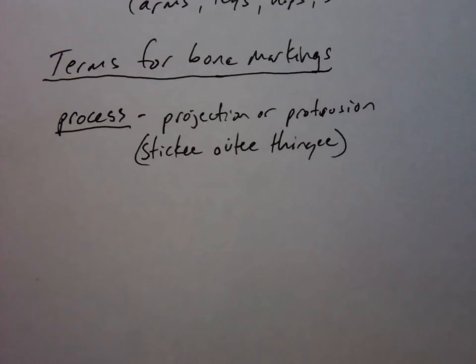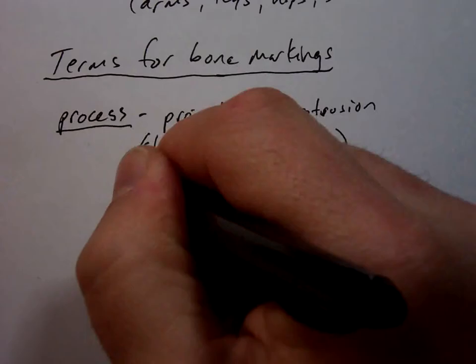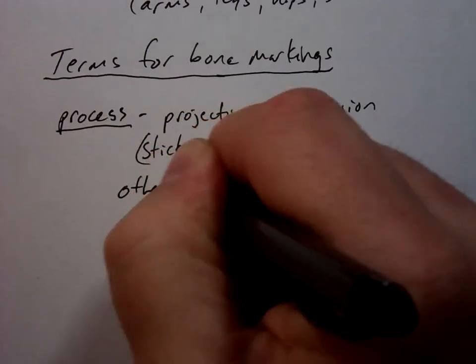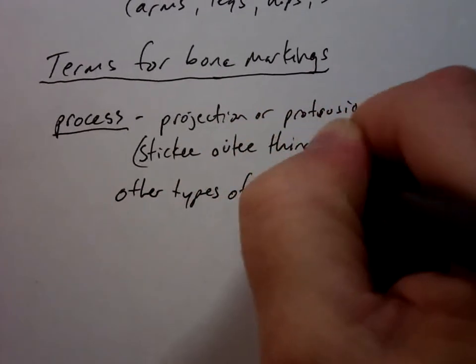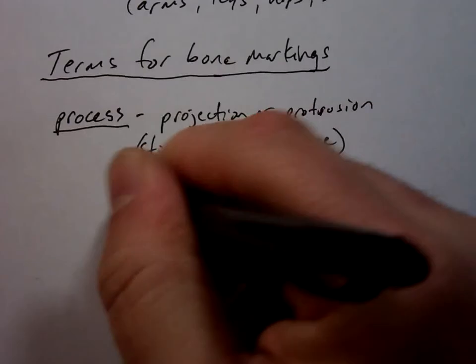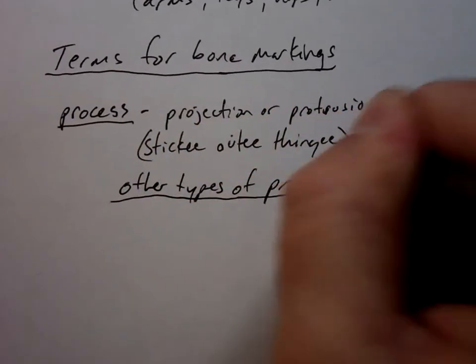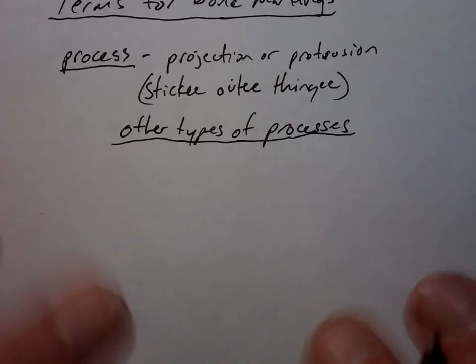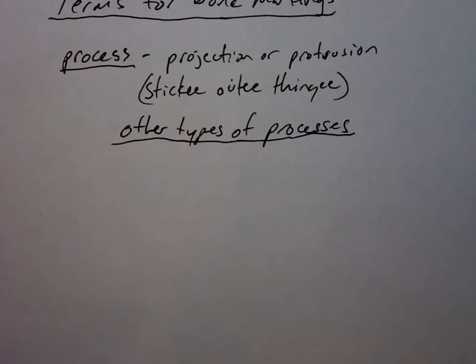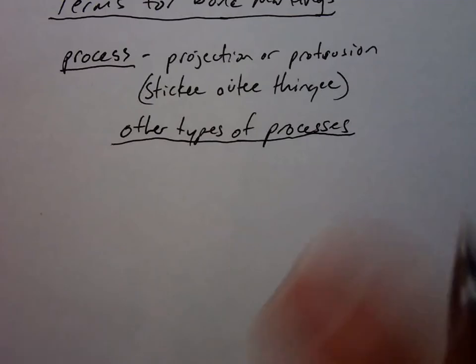Now, beyond just the initial here, I want to talk about other types of processes. Okay, these come under the heading of a bunch of different names, but they all really technically are processes because they're things that stick out of bones in some way.